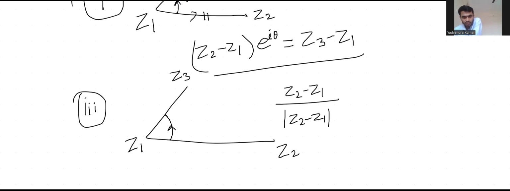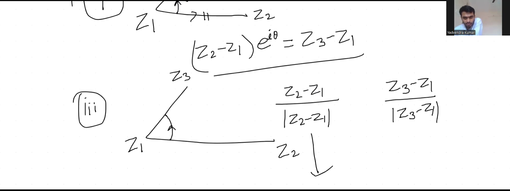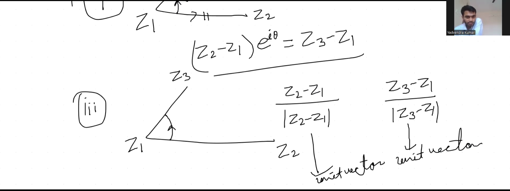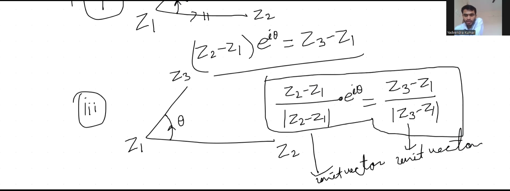Similarly, Z3 minus Z1 divided by modulus of Z3 minus Z1. So this side is also a unit vector. If you rotate one vector by theta, call this angle theta, you will get another vector, e to the power iota theta, and this is a relation of the angle of a triangle whose vertices are Z1, Z2, and Z3, right?